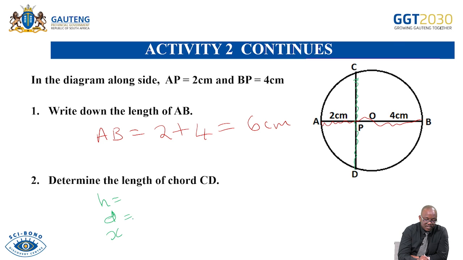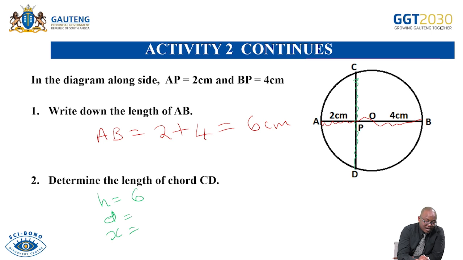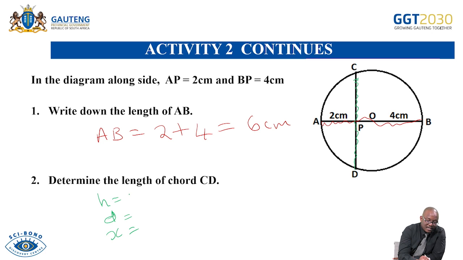Your height of the segment, diameter, and the length of chord. So diameter is AB, which is 6. It was given there. The height of the segment, that's what I wanted to start with. The height of the minor segment is 2. So we have diameter, which is 6.